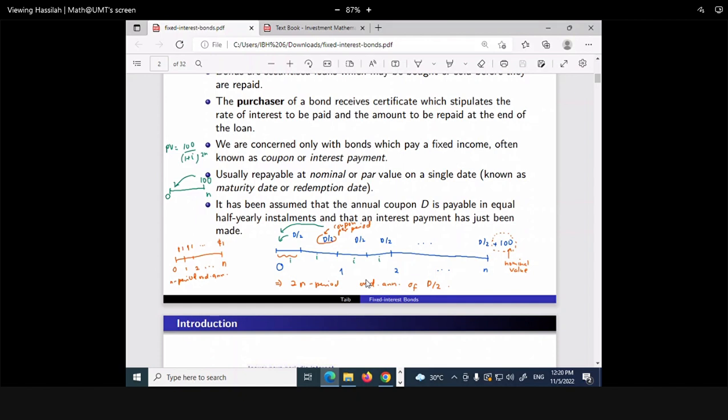If you are to explain what is bond or how is the structure of payment of bond, for you to relate it with the theory of interest. Interest rate theory, theory of interest rate.